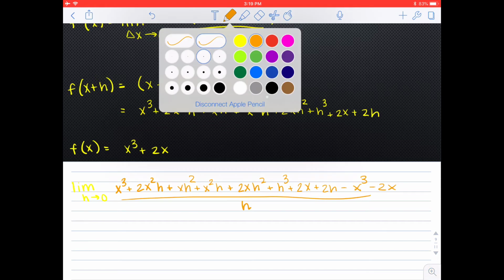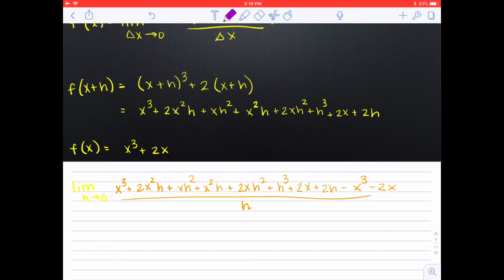And let's see, if I go and simplify this, my x cubed goes away with my x cubed, my plus 2x goes away with my minus 2x.